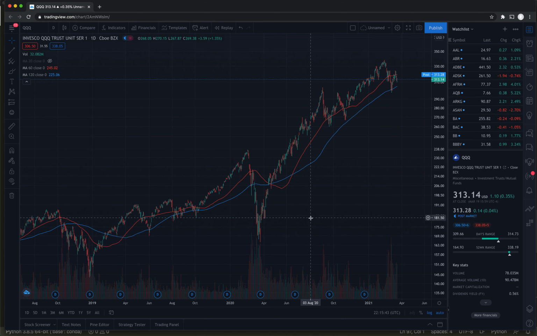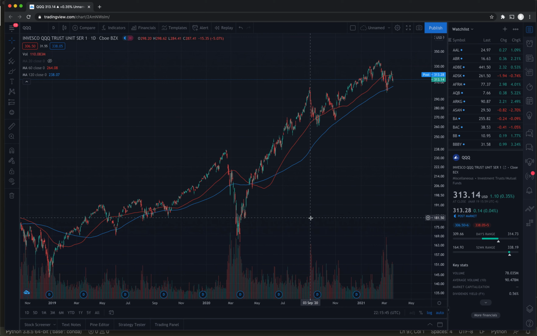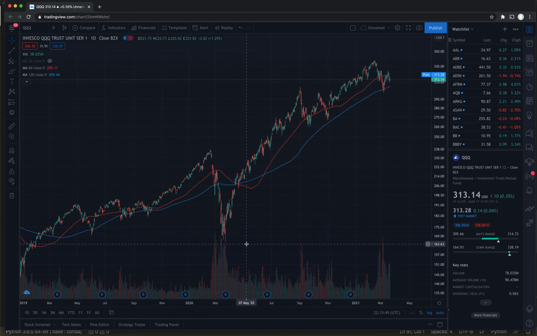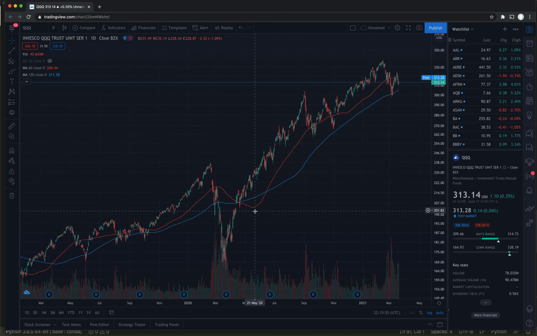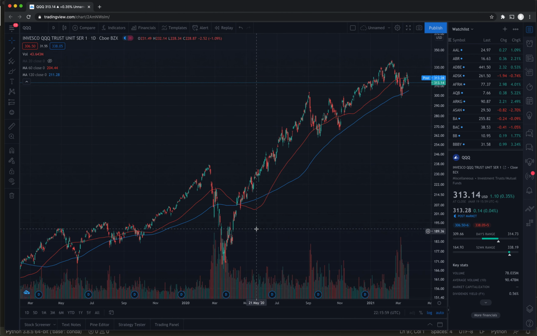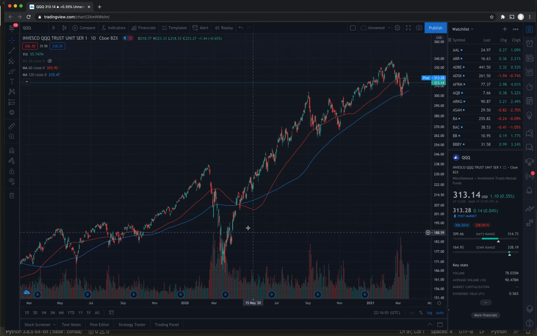One example is to look at this huge pullback. That's the market crash caused by the pandemic last year, around March or so. So when did it actually cross?